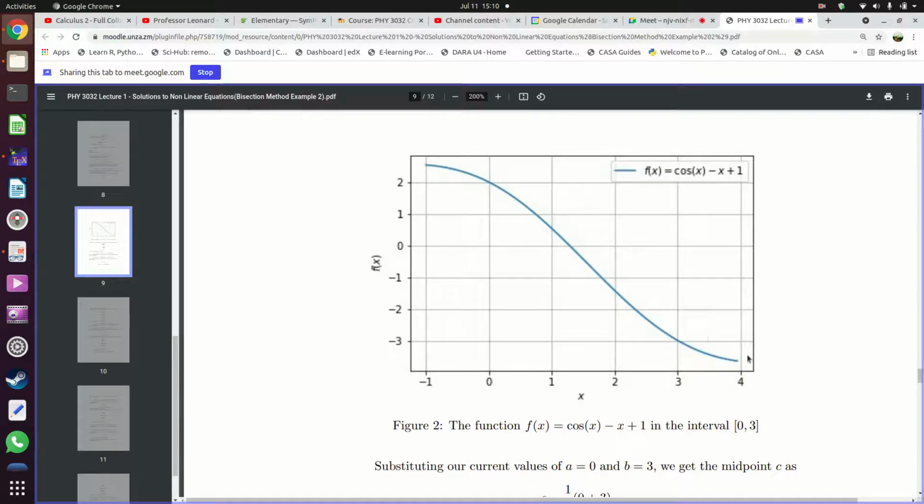There's more of this function happening, but our interest is in this region where we have a root. With the interval we have chosen, 0 and 3, you can see from this graph that there is actually a root, a solution to f of x equals cos x minus x plus 1. Is it clear?